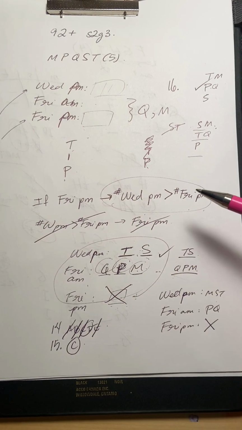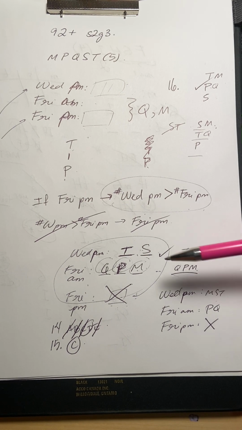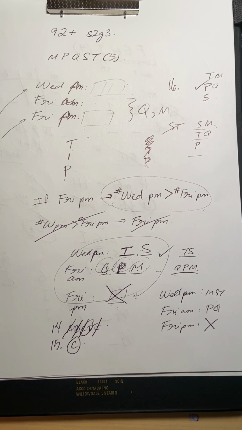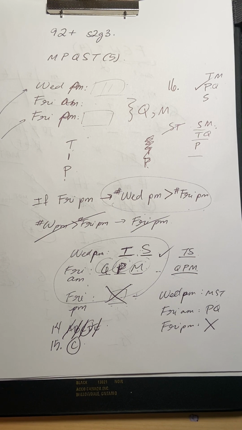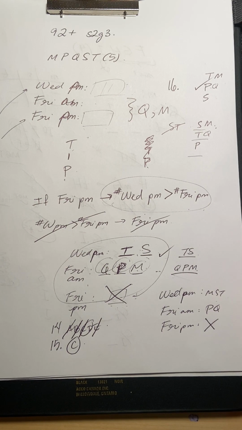So let's use our bank of acceptable solutions. Does T have to be scheduled for Wednesday afternoon? I don't know. Does S have to be scheduled for Friday afternoon? Definitely not. Does Q have to be scheduled for Friday morning? Maybe. Does P have to be scheduled for Friday morning? Maybe. Does M have to be scheduled for Friday morning? Maybe. Okay, so there's clearly another solution that I'm missing here.